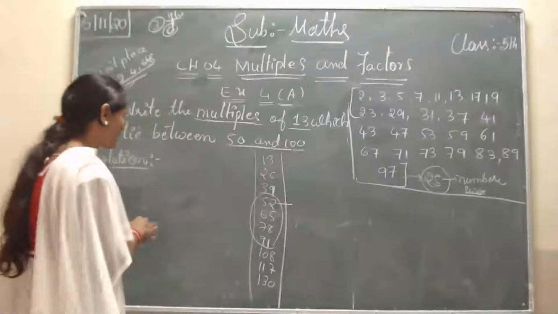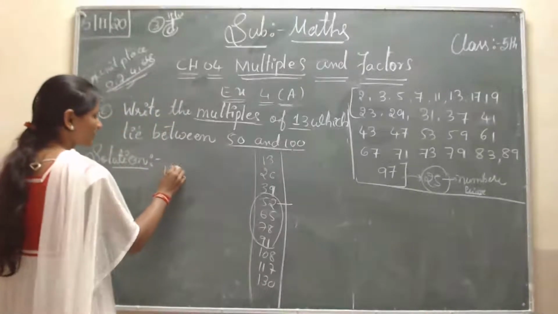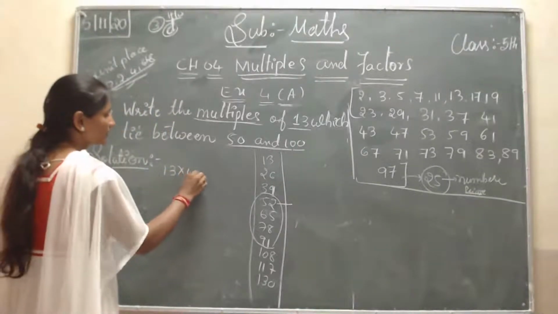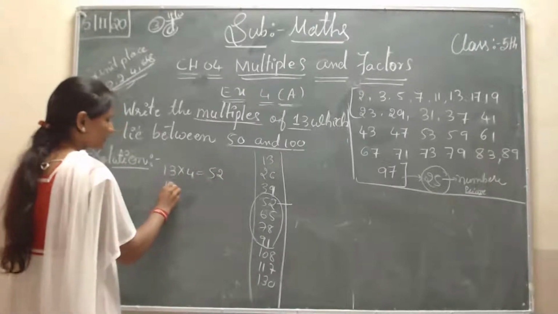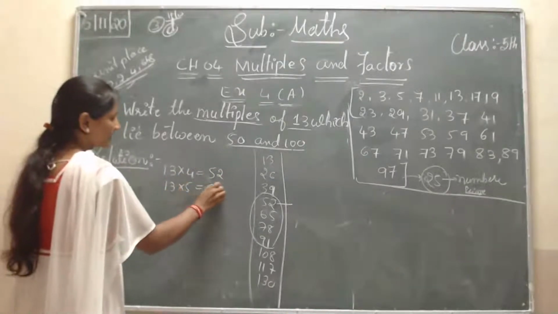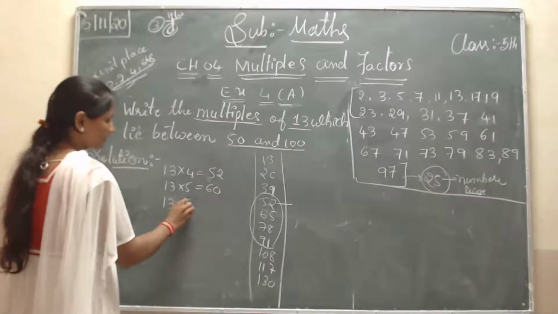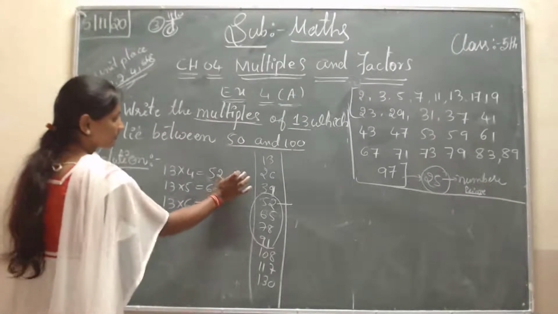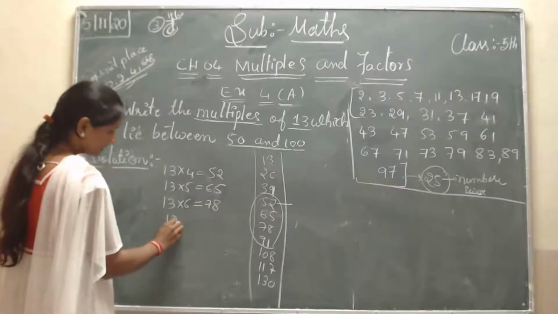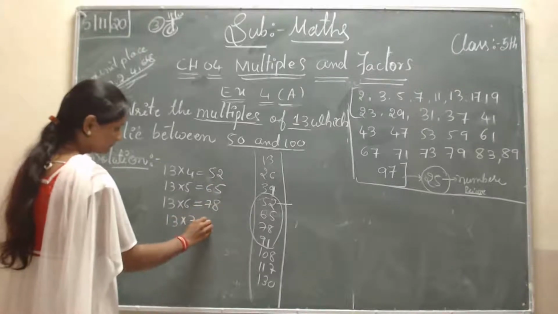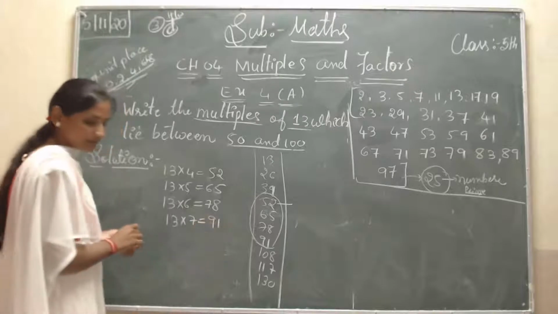So first you have to write the multiples of 13: 13 fours are 52, 13 fives are 65, 13 sixes are 78, 13 sevens are 91. Yes, students.